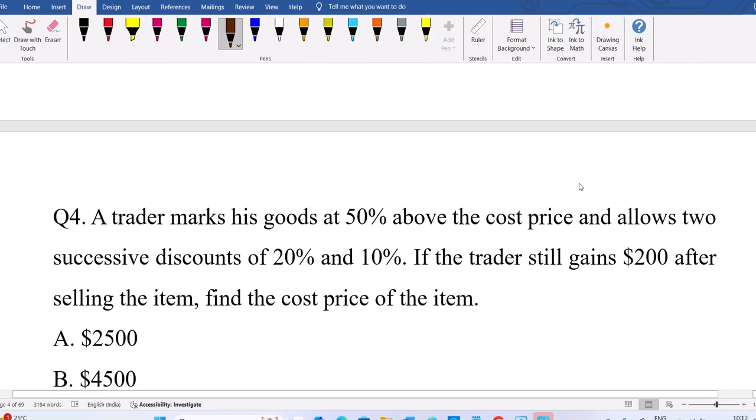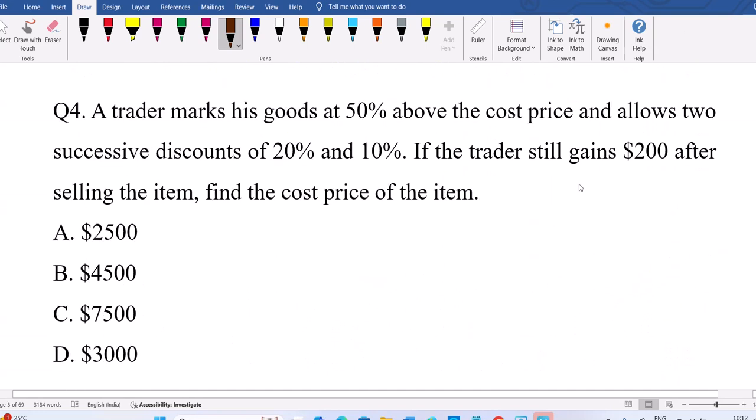See this next question, a profit and loss related discounts concept. You see this fourth question. A trader marks his goods at 50% above the cost price and allows two successive discounts of 20% and 10%.